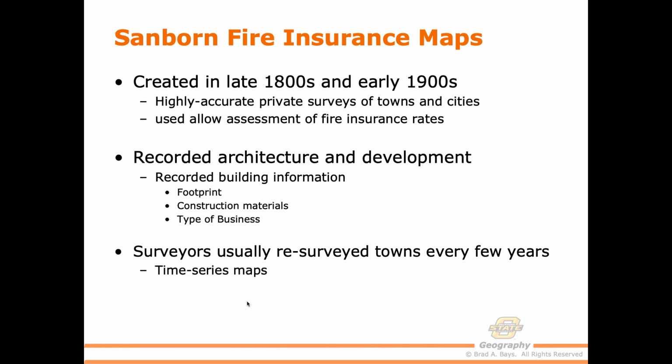The idea is maybe the town has a fire department, but perhaps they don't have enough available personnel to get a fire wagon to a house a mile away. So fire insurance rate for that little town would vary from place to place.